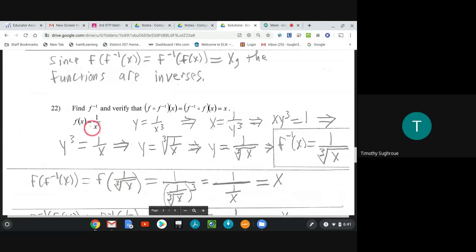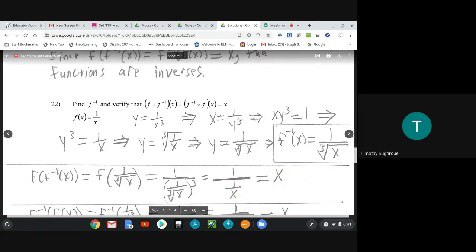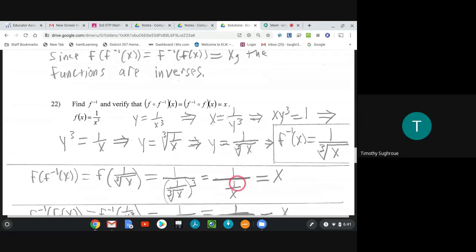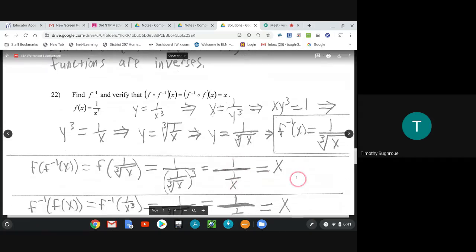That replaces that x right there. 1 cubed is 1. The cube root of x cubed is x because the cube undoes the cube root. 1 over 1 over x is x. This means take the reciprocal of 1 over x, which is x.